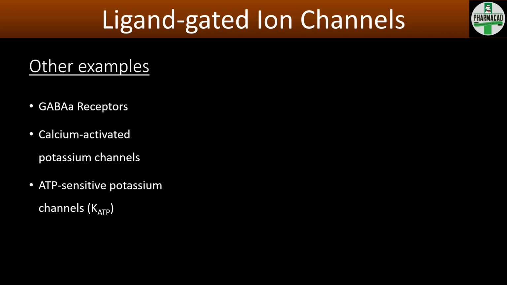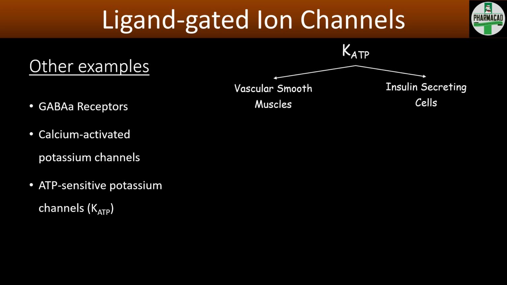So this ATP sensitive potassium channel, they are present on two different types of tissues, vascular smooth muscle cells and insulin secreting cells. In vascular smooth muscle cells, minoxidil molecule, drug molecule, acts as agonist to this potassium channel.